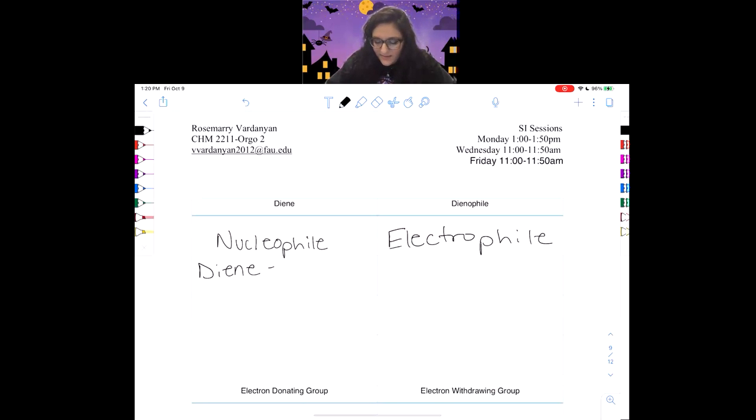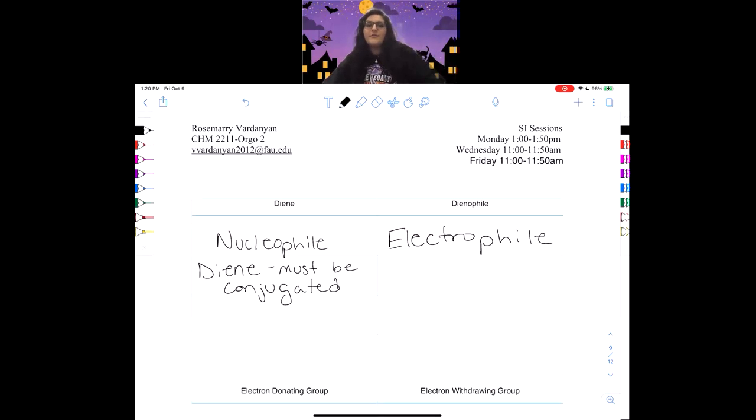So it must be conjugated. However, the dienophile is actually going to be any alkene or alkyne. And an alkene is a double bond, and an alkyne is a triple bond.